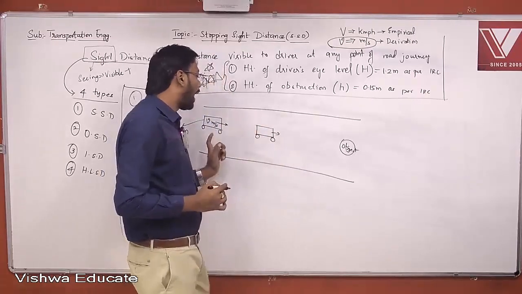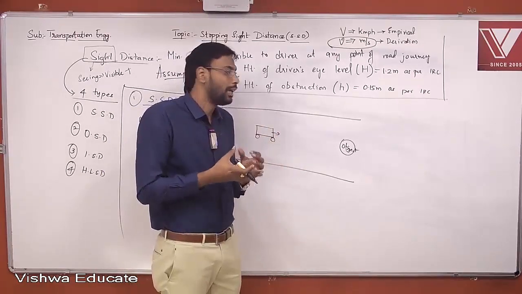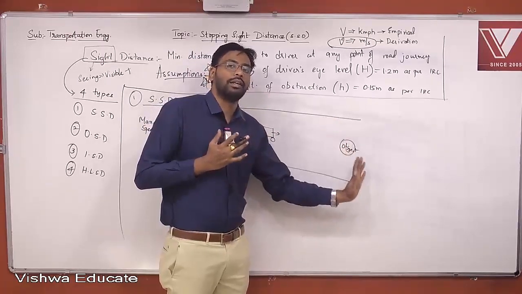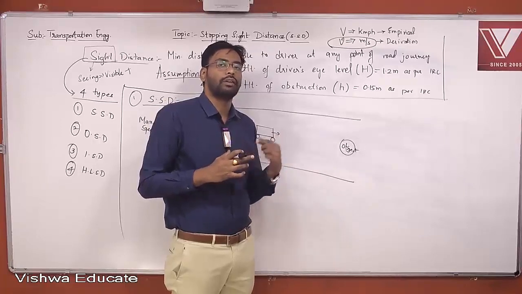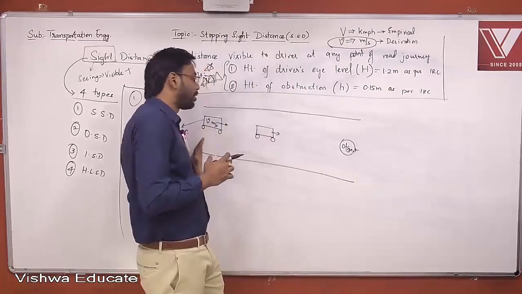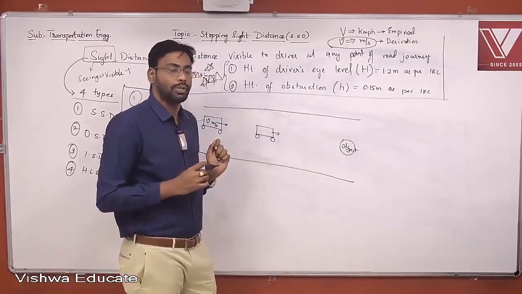So after coming from here to here, after some 2 to 3 seconds of my time, I came to the conclusion that this object is going to be an obstruction. If I don't apply my brake, it will lead to an accident. That is what I came to know after thinking about this object.